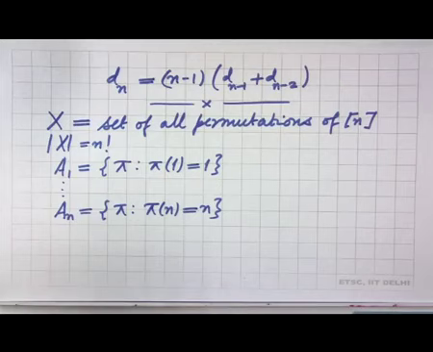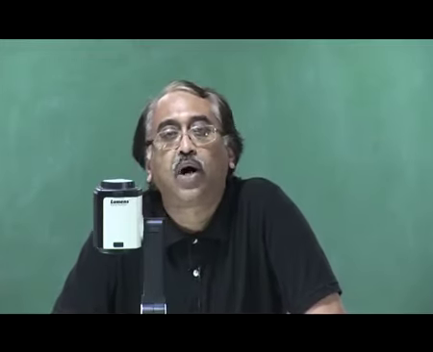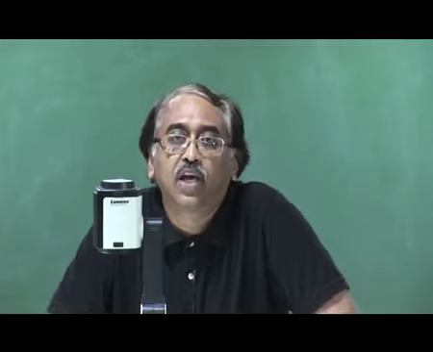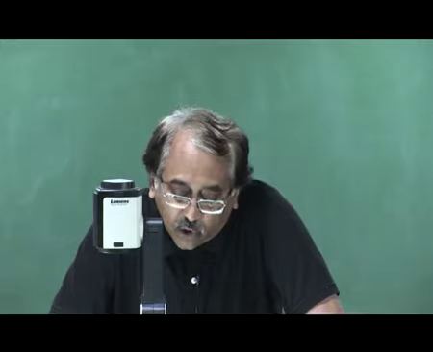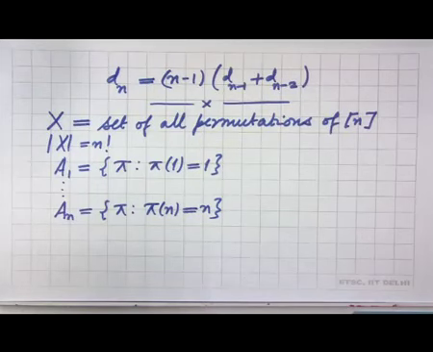The left-hand side of pi is going to include exactly those elements in X, permutations, that are in none of the sets A1 to AN. Now, what does it mean to say it's not in A1? If it's not in A1, it does not send 1 to itself, because A1 is all those elements that send 1 to itself. In a similar manner, if it is not in A2, it does not send 2 to itself. And if it's not in AN, it doesn't send n to itself. Therefore, if it's in none of the sets A1 to AN, it has the property that it sends nothing to itself.